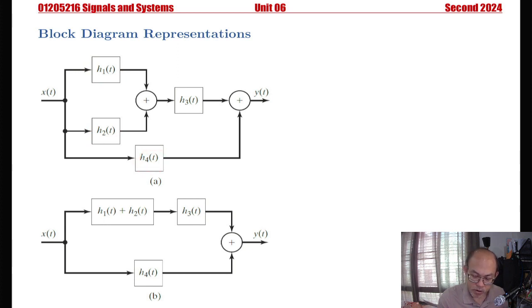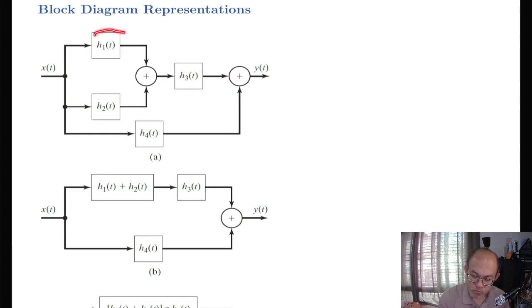Now, whatever comes out of H1 and H2 are added together. Okay, and the result will be applied to another system H3. Okay, and the result from H3 will be added to the result from H4, and the outcome from the operation is y.